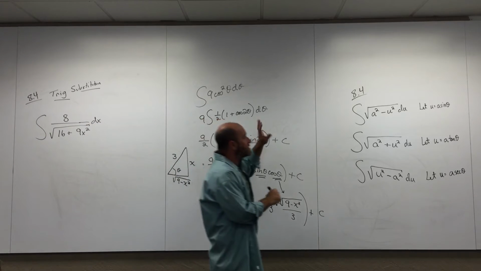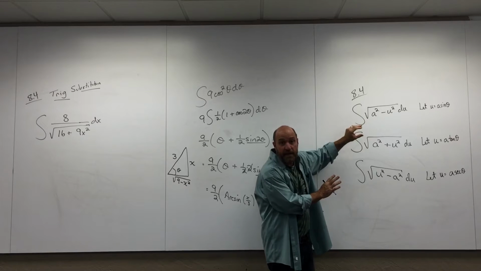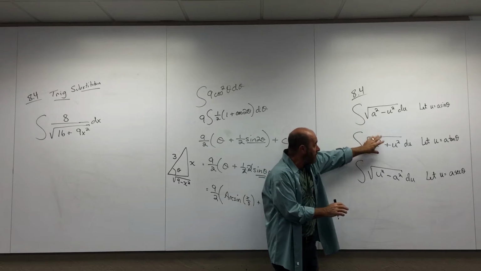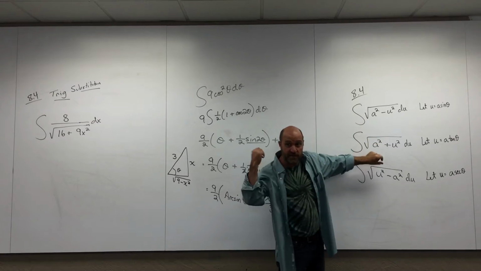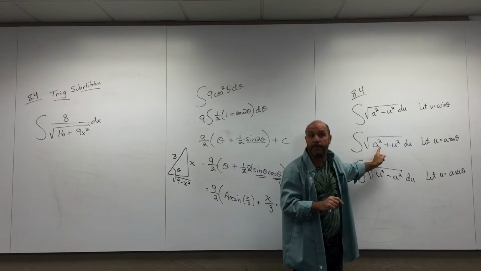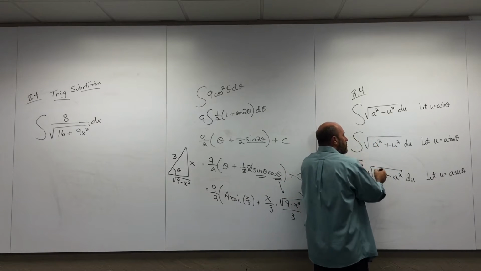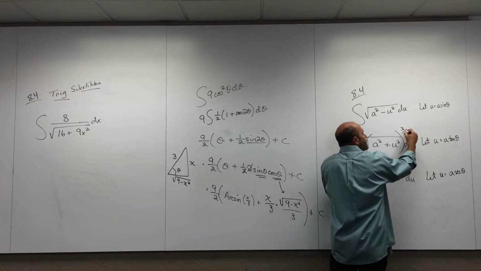My notes said it has to look like one of these. But the truth is, these notes are kind of general. This radical can show up in a denominator, like just happened here. And sometimes it's not even a radical. Sometimes it's the radical cubed. This is a square root, but what if it was to the 3/2?